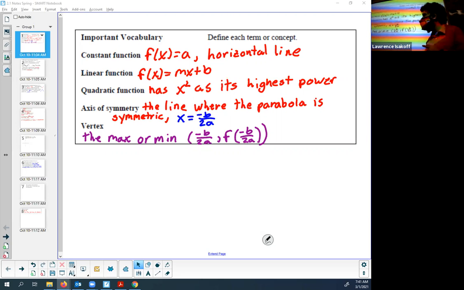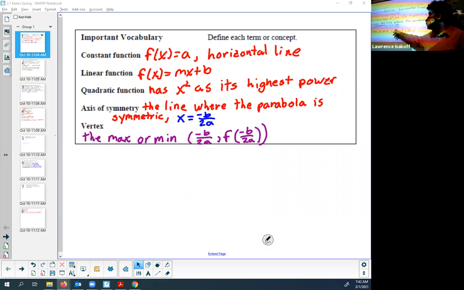Two things we're going to talk about with quadratics today are the axis of symmetry, which is the line where the parabola is symmetric to itself vertically. And that can always be found by using x is equal to negative b over 2a. And then the vertex will be the max or the min. The vertex happens at your axis of symmetry, comma, the y value associated with it.